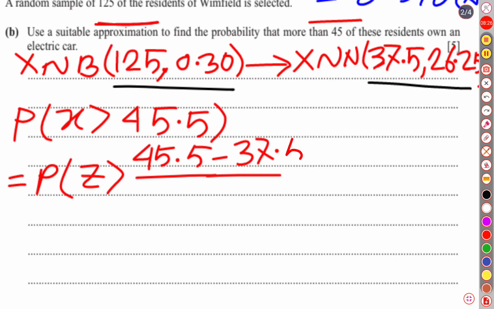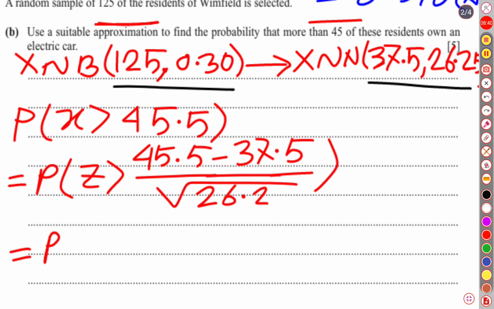Standard deviation is nothing but the square root of the variance. Variance was 26.2. So if we simplify this, the probability of z score is definitely positive because the positive number is greater. So it is 45.5 minus 37.5, it's 8 over square root of 26.2.